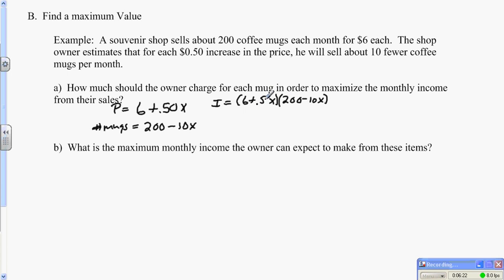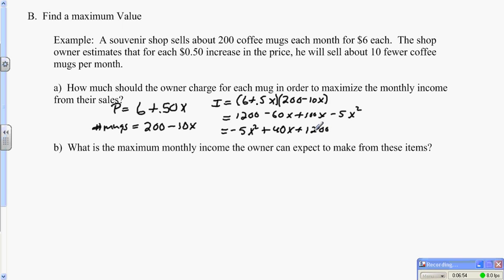So this is a FOIL question. If we FOIL this, we'll end up getting 1200 minus 60x plus 100x minus 5x squared. If we put that in proper order, we'll get negative 5x squared plus 40x plus 1200.